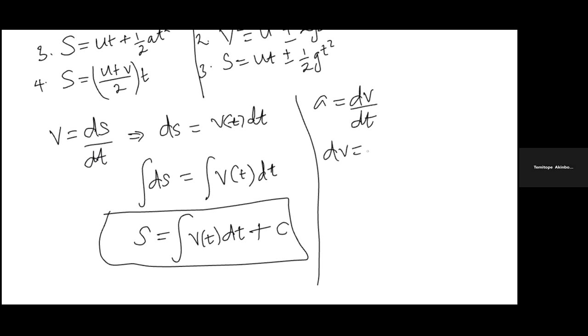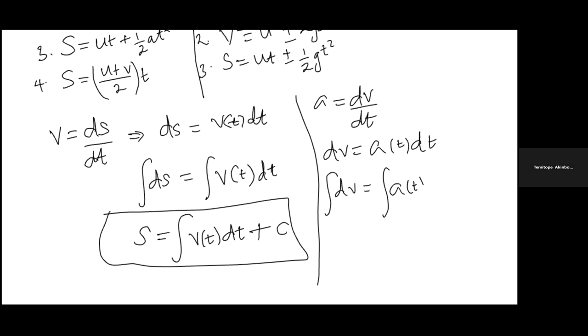So a must be a function of time too, because I'll be integrating with respect to time. So take the integral of both sides. Integral of dv equals integral of a(t) dt.